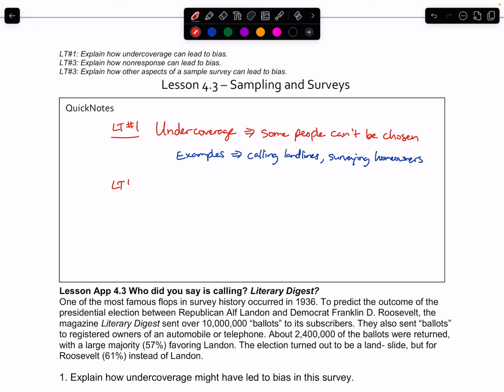The second one is non-response, which is when people can't be reached or refuse to answer.